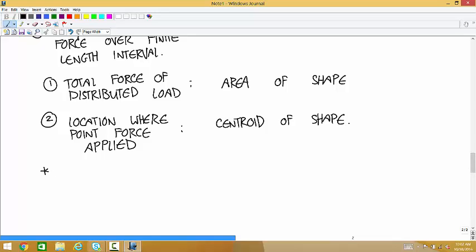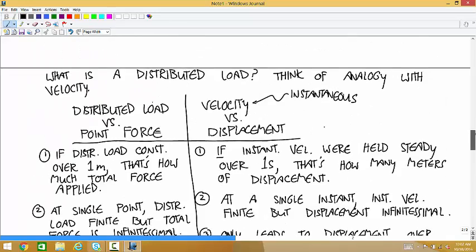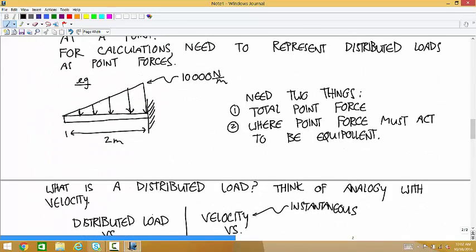Is it the shape that the distributed load makes, or the shape of some object it's acting on? The distributed load. So in this case, the shape would be that triangle. So it would be the centroid of that triangle. Of that triangle, yeah. Okay. Right.